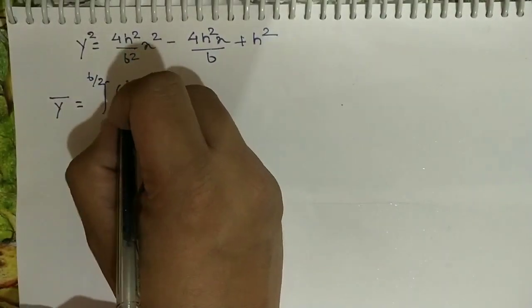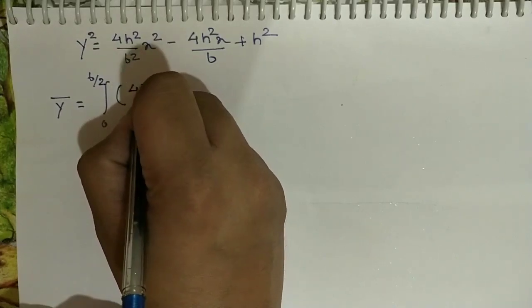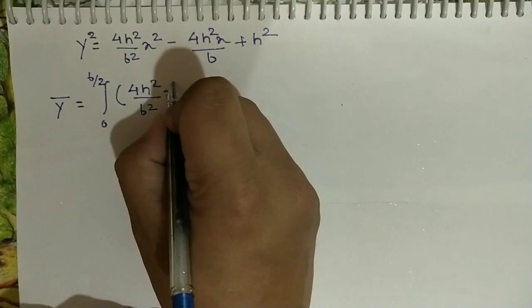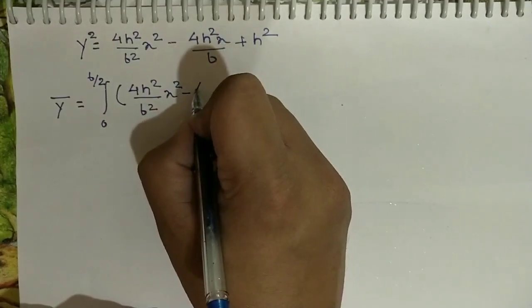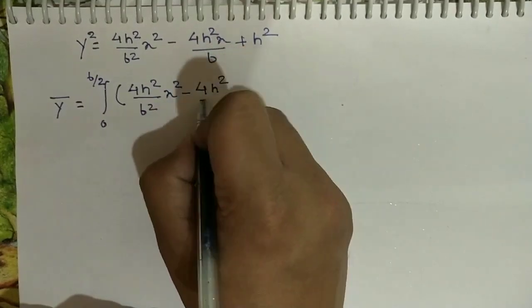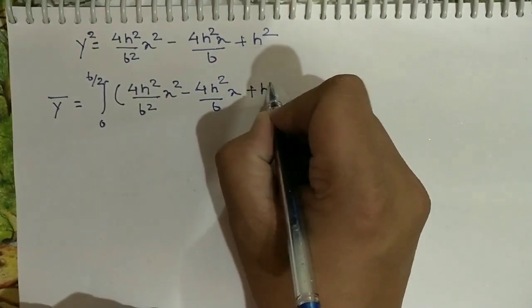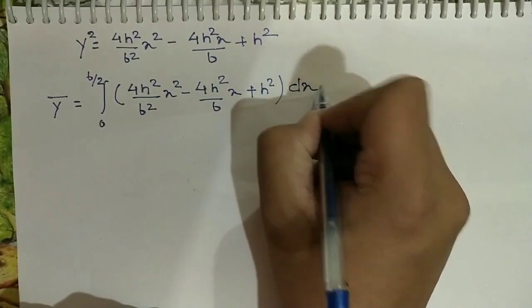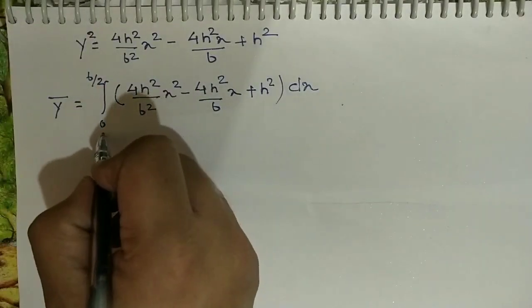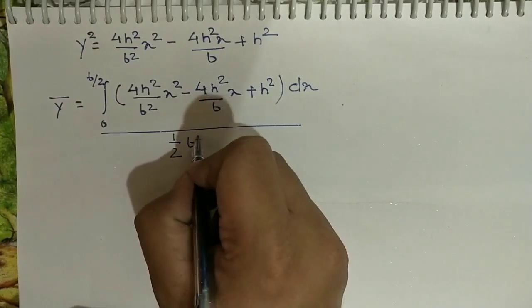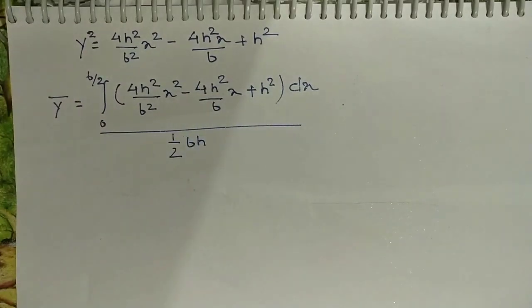So I am putting the value of y square, 4h square by b square x square minus 4h square by b times x plus h square dx, and in denominator it was half b times h.